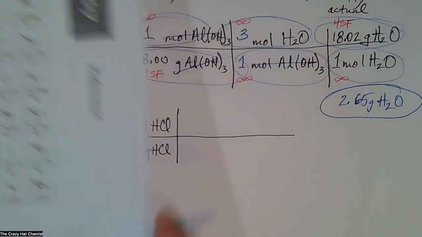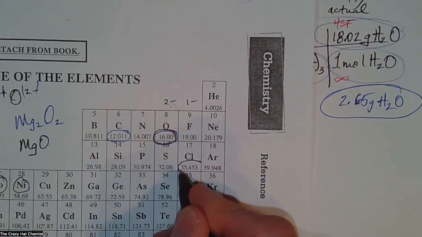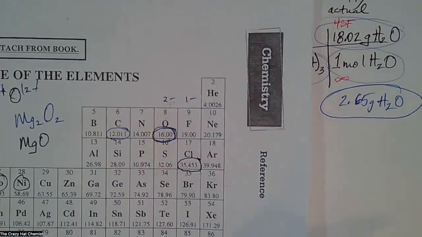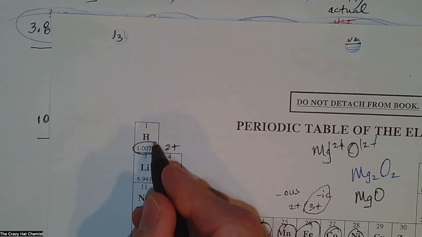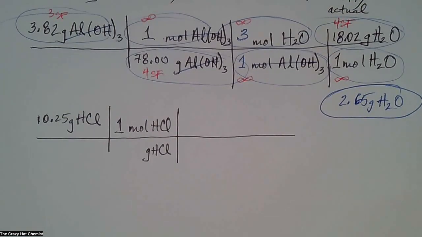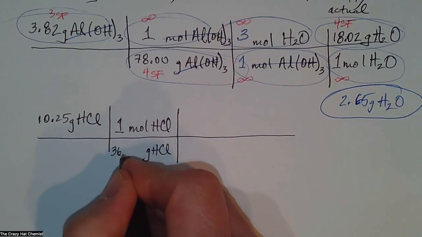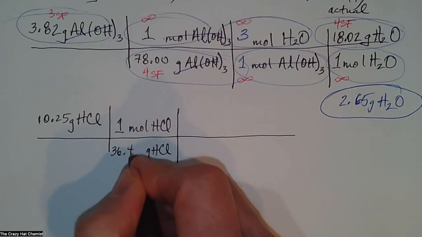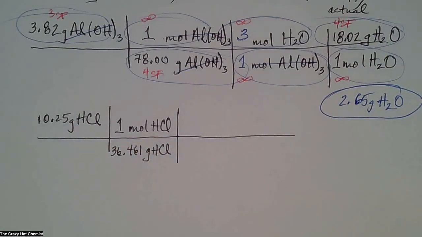So I'm going to take the mass of chlorine times 1. That has 3 decimals. The mass of hydrogen times 1. That has 4 decimals. My summed up answer will have 3 decimals, and that's going to be 36.461. Perfect. That enables me to cancel out grams of HCl.